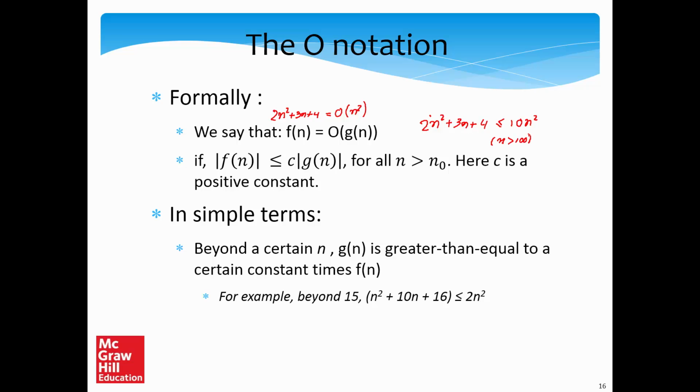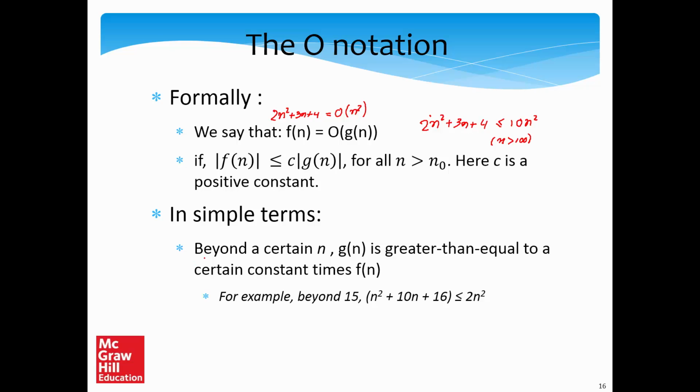You can definitely say that this is less than this. In this case, c will be equal to 10 and n0 will be equal to 100. So it can be said that this function 2n square plus 3n plus 4 will essentially grow the same way as n square will grow, ignoring constants.